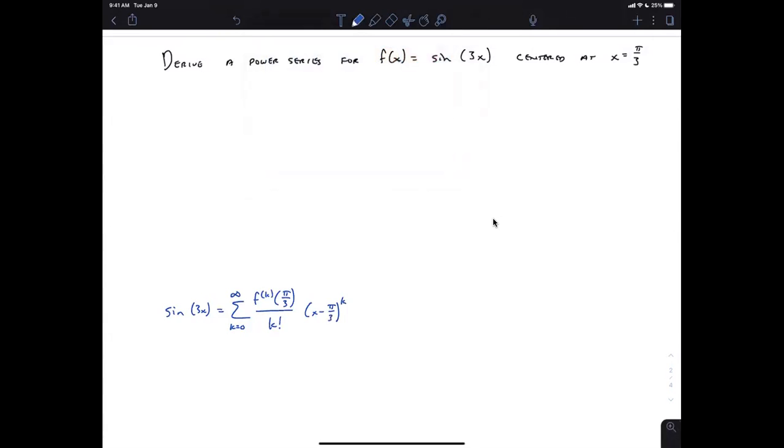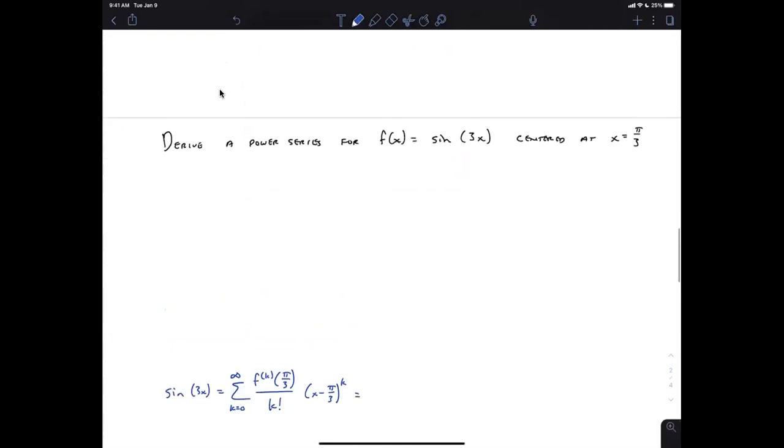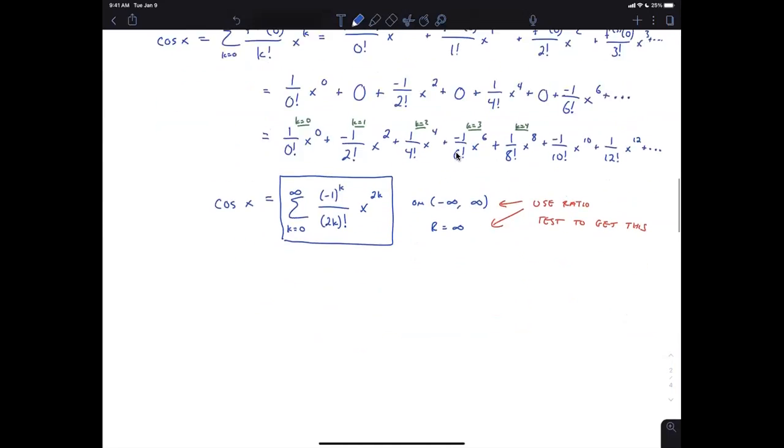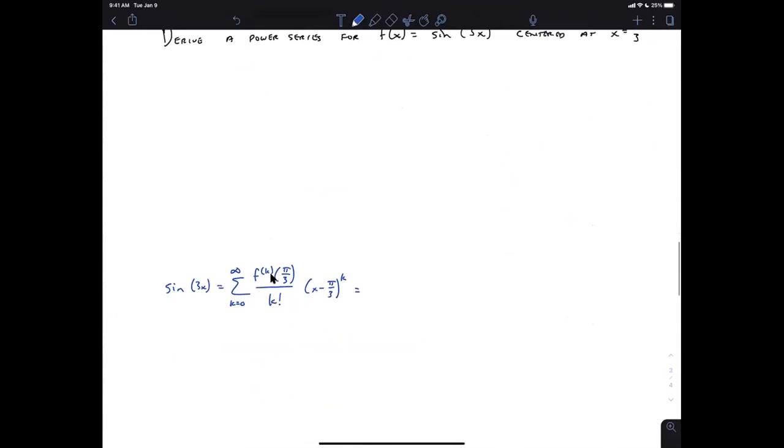Now when we do this, we could write out this first step, but it's just going to be f of pi over 3, times x minus pi over 3 to the 0. So that part we don't really need. The complicated part is the numerator.